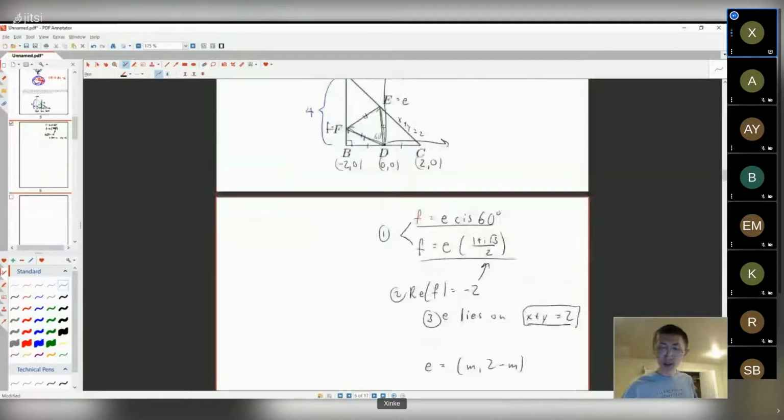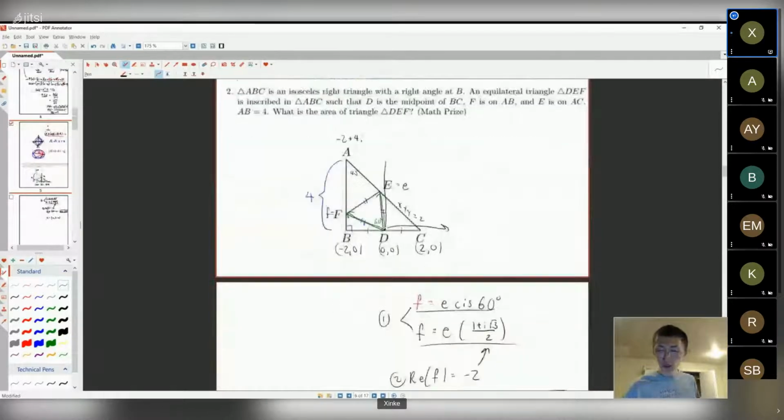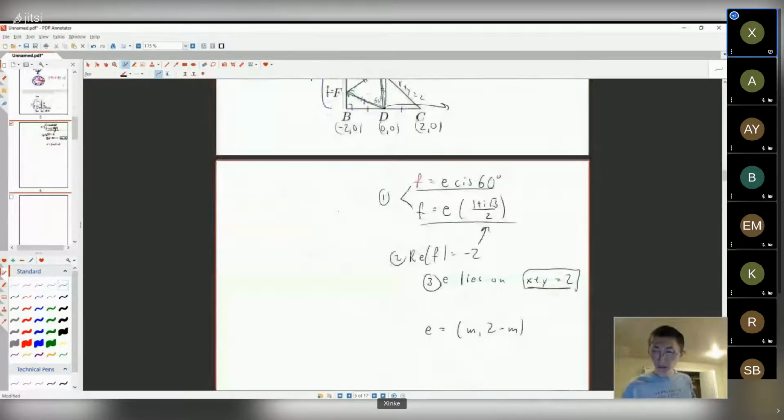This was a right isosceles triangle, so this is 45, and it's a 1, 1, root 2 triangle for ABC. So then F is going to be cis of 60 times (M plus (2 minus M)i), and that will be the coordinates of F.